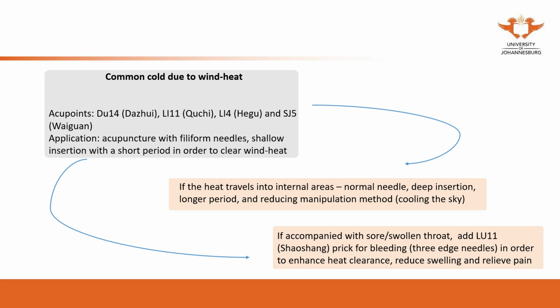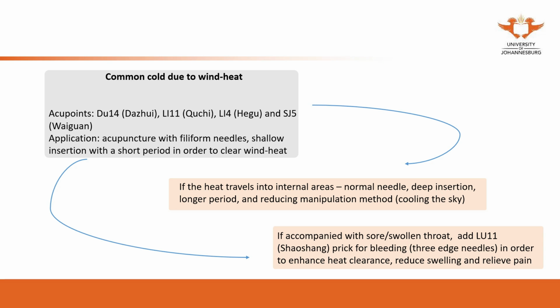In this situation, we can choose Du 14 (大椎), Large Intestine 11 (曲池), Large Intestine 4 (合谷), and Triple Burner 5 (外关). These points can assist in clearing the heat and expelling the wind.